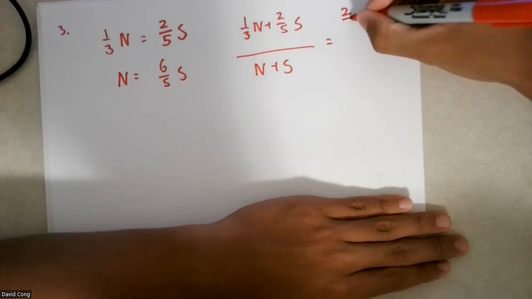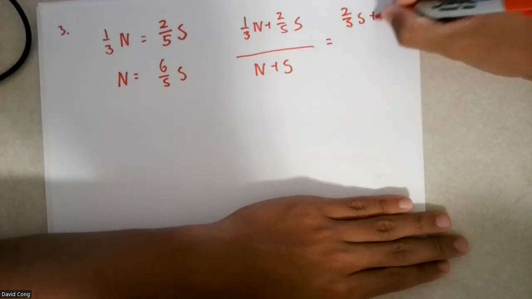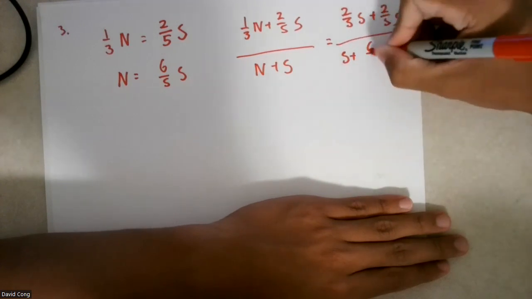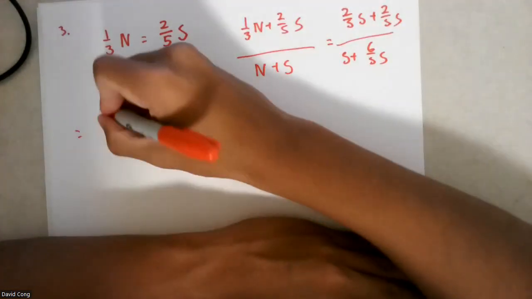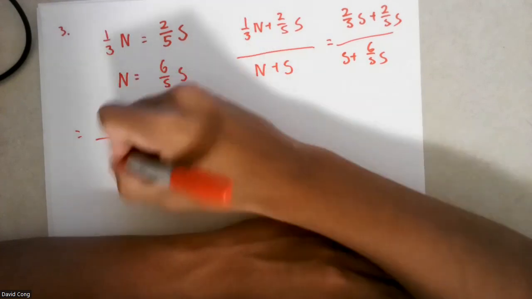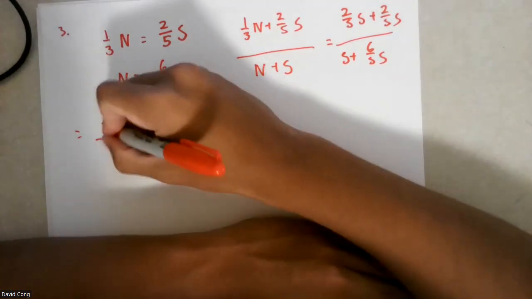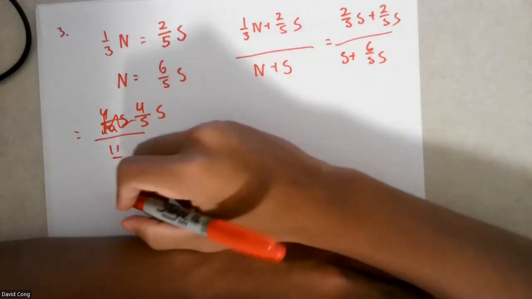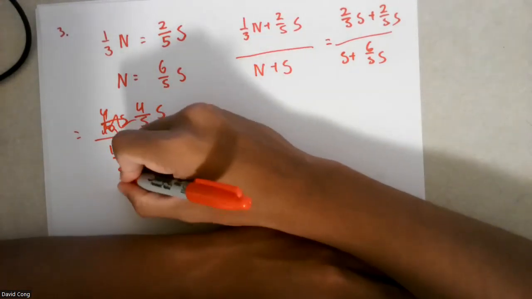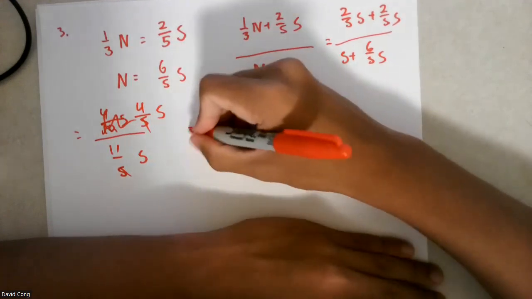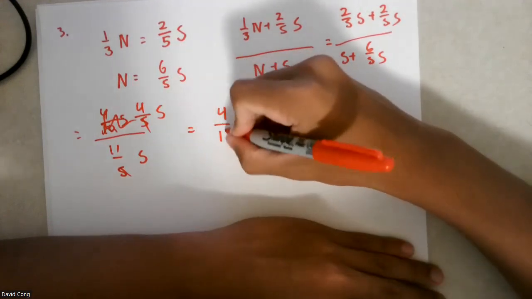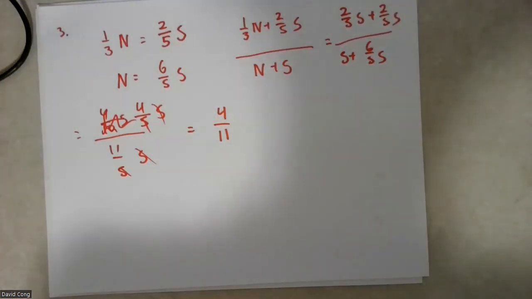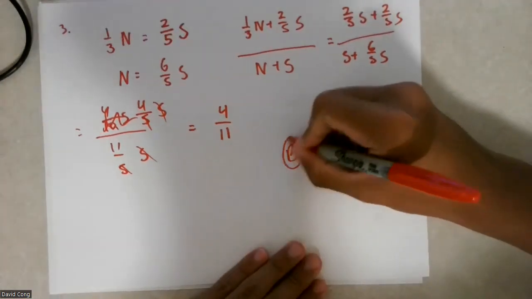We get 2/5 S plus 2/5 S over S plus 6/5 S. This should be, I don't know why I added the 5, 4/5 S over 11/5 S. The 5's cancel, which equals 4 over 11. And the S's cancel. So 4/11ths. B.